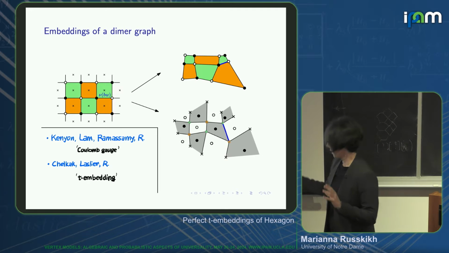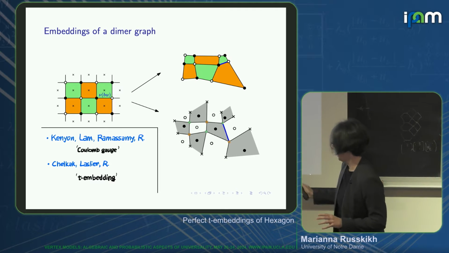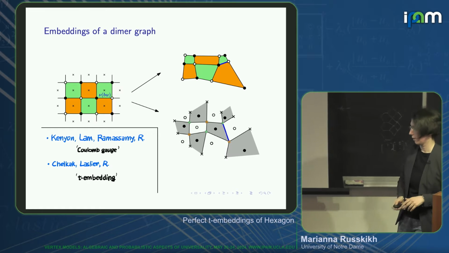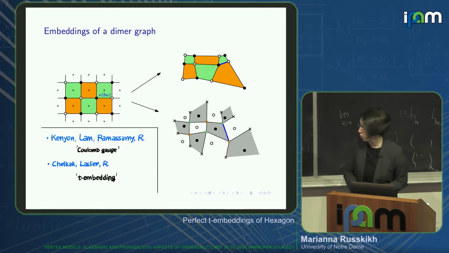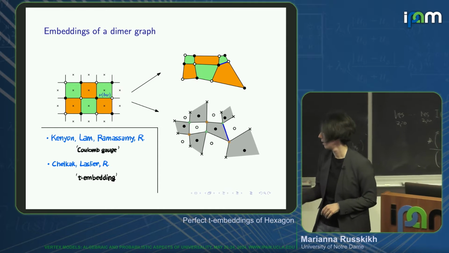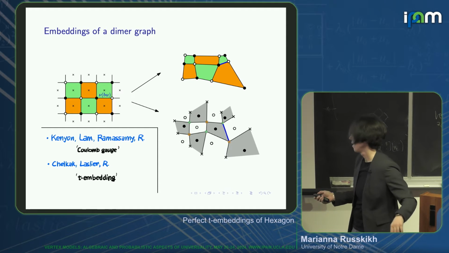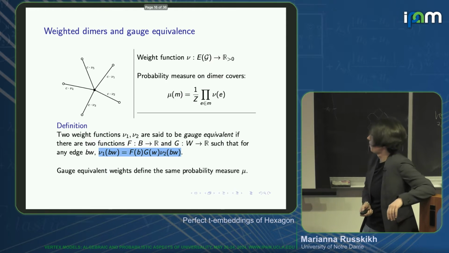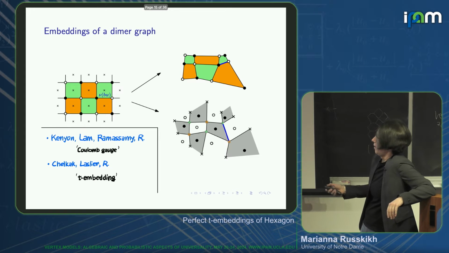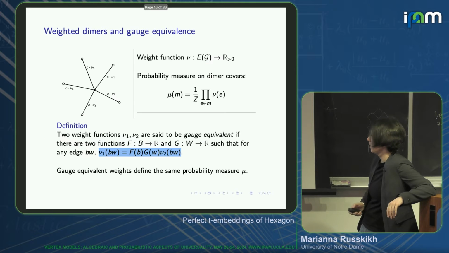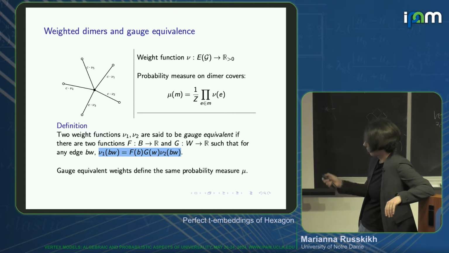We believe that yes, the answer to all of those questions is yes, and I'm going to talk about two joint projects in the next couple of slides, which are related to those questions. Okay, so before that, let me talk about the gauge equivalent weights, because this is important for us. So one more definition, sorry for that.